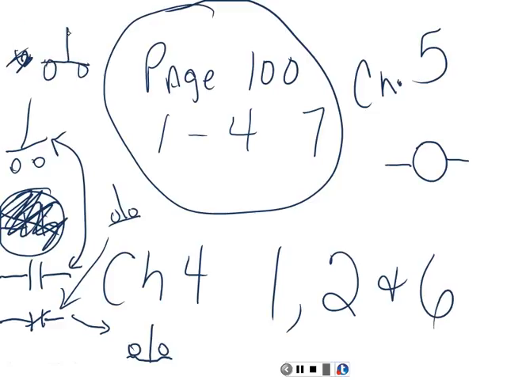That would be normally open, held closed. It's still over the top, it's just pushed down. Normally closed, held open, is like that. It's still under the bottom, but it's being held open.